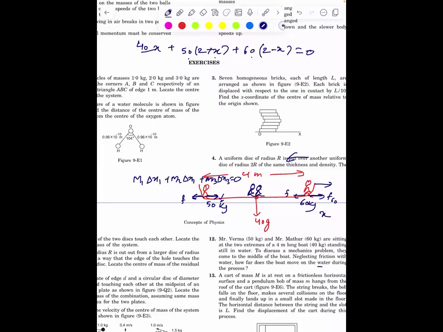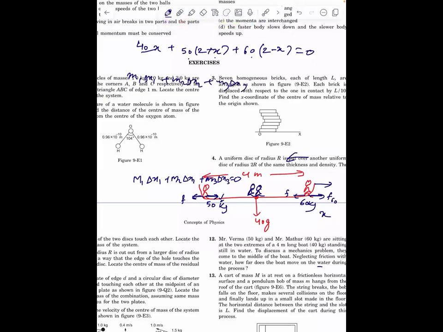How much? But what am I writing here, guys? M1 delta x1 plus M2 delta x2 plus M3 delta x3.